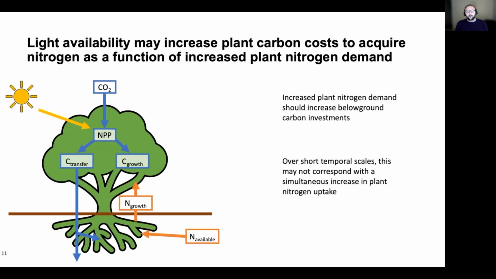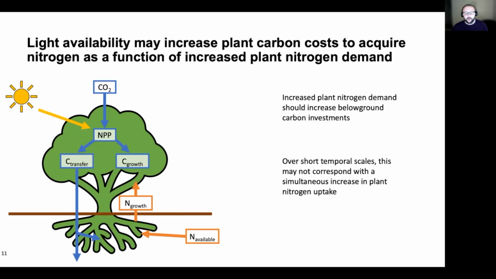And finally, above ground environmental conditions might also influence carbon costs to acquire nitrogen. Specifically, environmental conditions that increase net primary productivity and increase plant demand to acquire soil resources should increase carbon costs to acquire nitrogen over short temporal scales. And these patterns would likely be indexed through larger below ground carbon investments relative to nitrogen uptake.